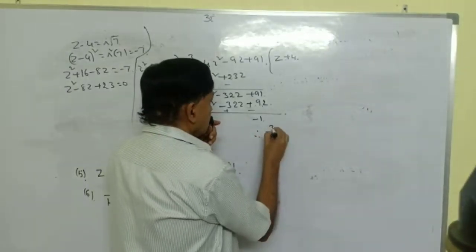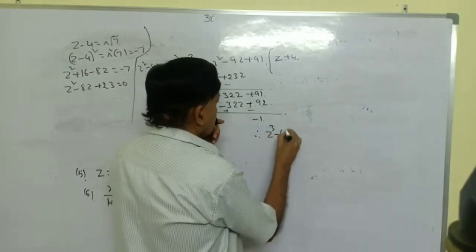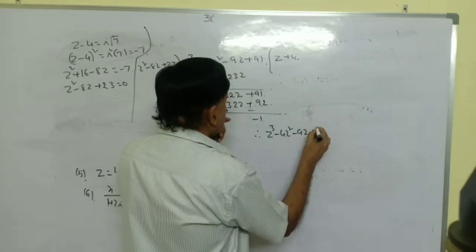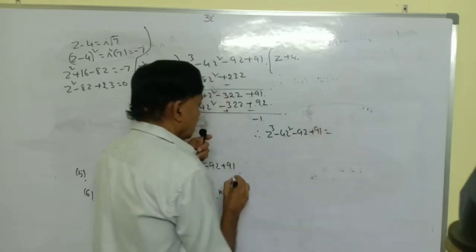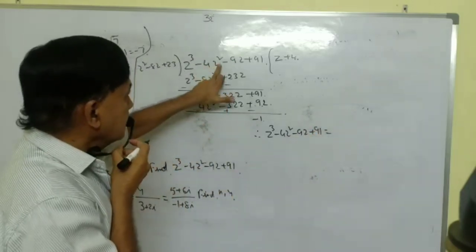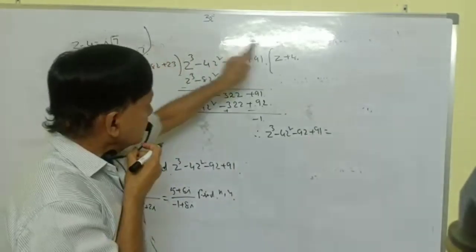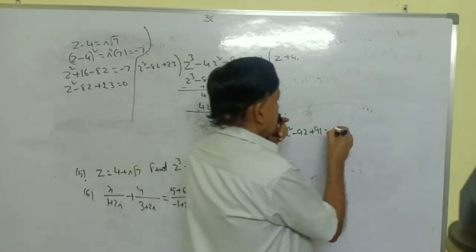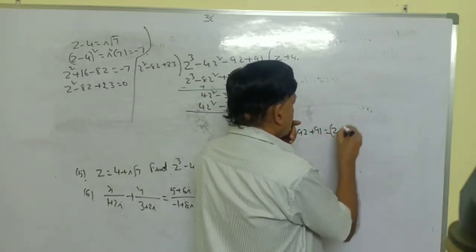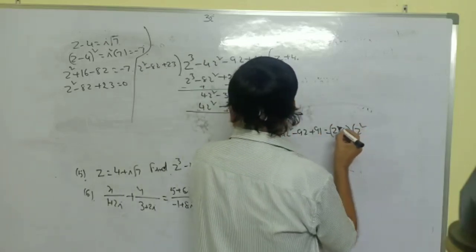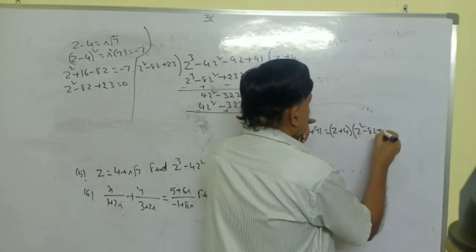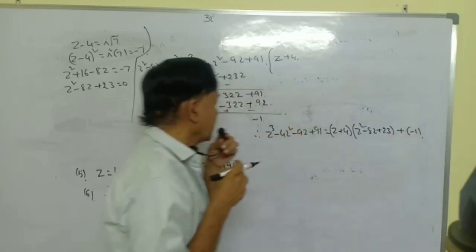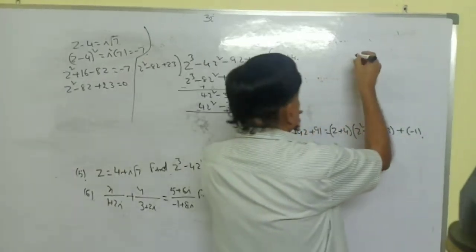Therefore, z cube minus 4z square minus 9z plus 91 is equal to this into this plus this. So you are going to get z plus 4 into z square minus 8z plus 23 plus this. All of you know this point.